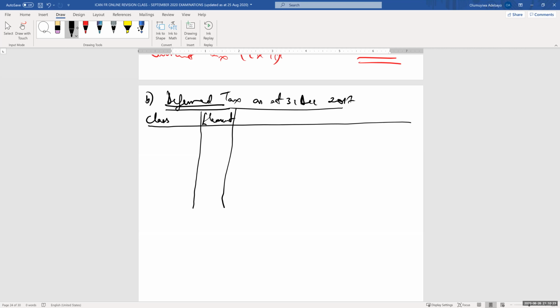We have building. I have plant and machinery. I have leases. I'll combine the lease asset and lease liability together. I have trade receivable. I have interest receivable.